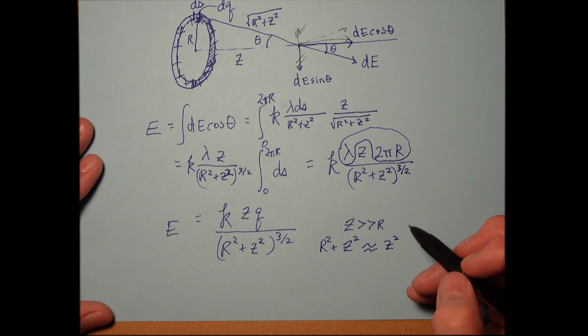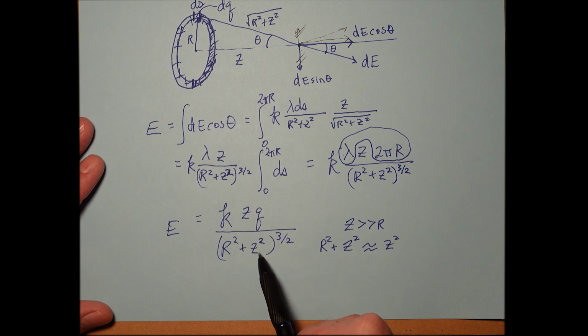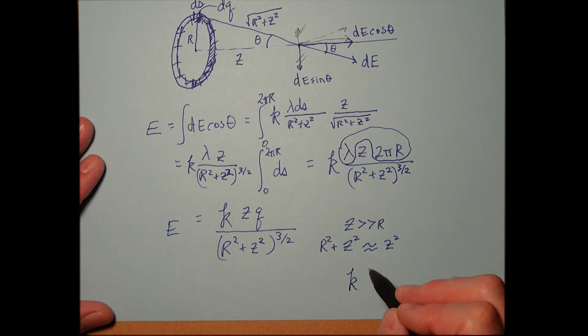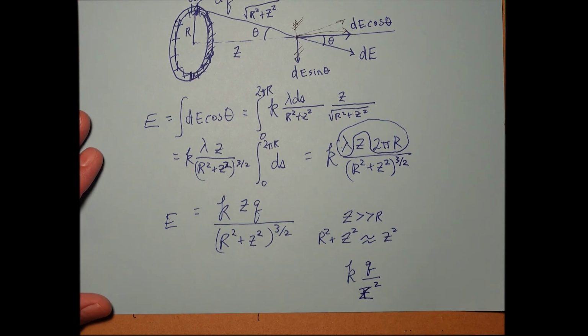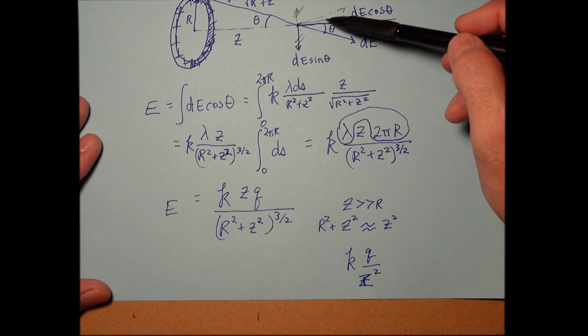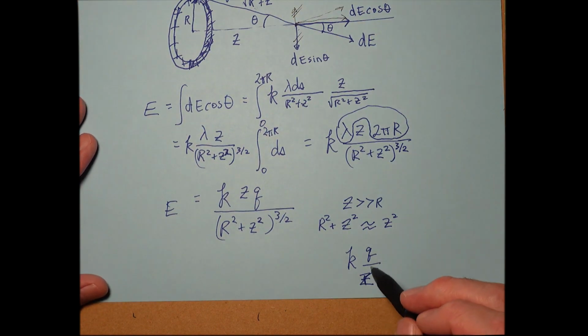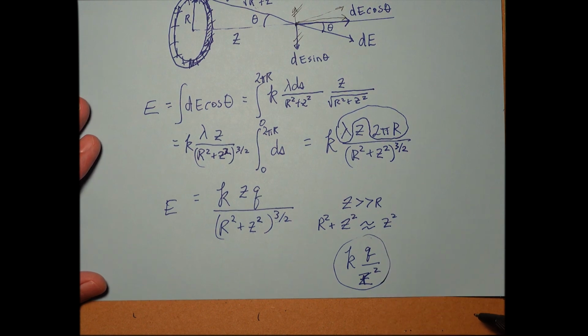Then with the z on top, z squared to the 3/2 becomes z cubed on bottom, and the z cancels, so this becomes kQ over z squared. As you get very far away, z becomes very large compared to r, and this becomes more and more like a point charge, and that's the equation for the electric field of a point charge. That's exactly what you expect if you were to get very far away.